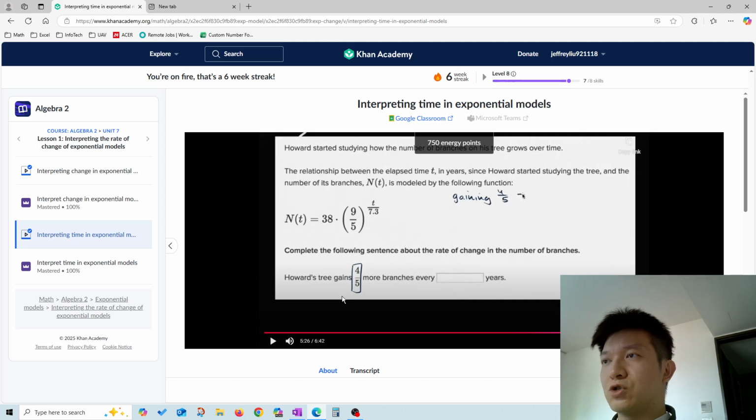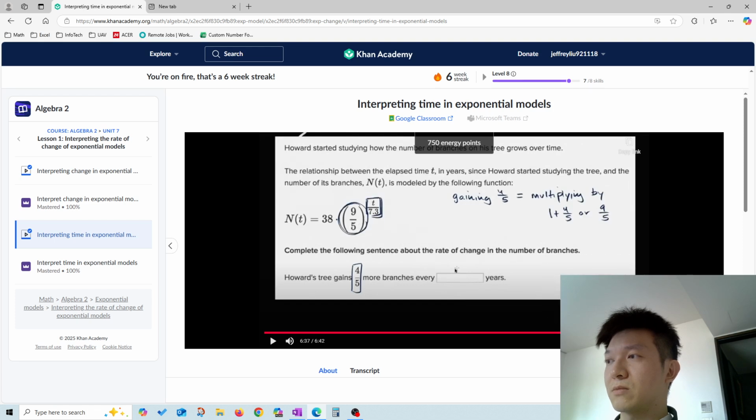So you just subtract 1 and you get this number right here. You actually don't need to do much, because you just put down 7.3 years, and the trees will gain that much. It will gain 4 out of 5 of the branches every 7.3 years. So 7.3 years.